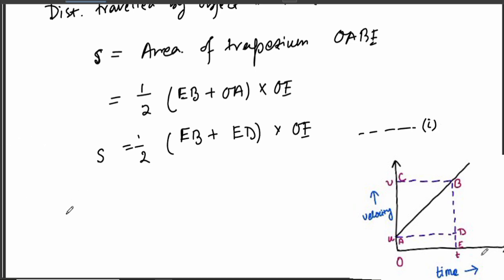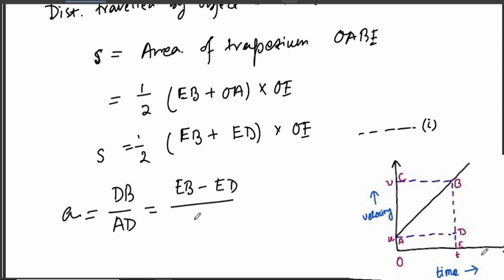Now acceleration, again acceleration is DB by AD. And DB can be written as EB minus ED by OE, since AD can be written as OE.